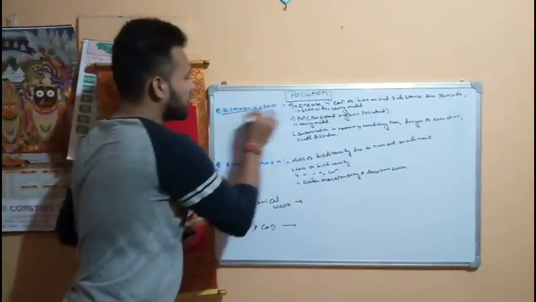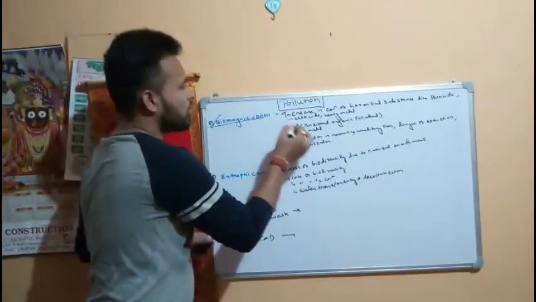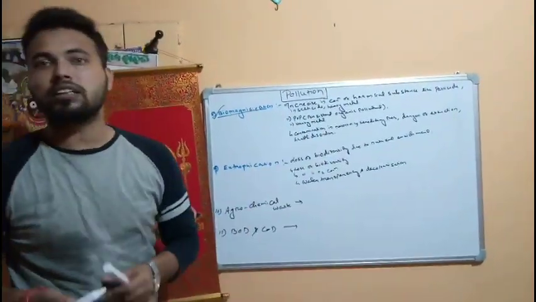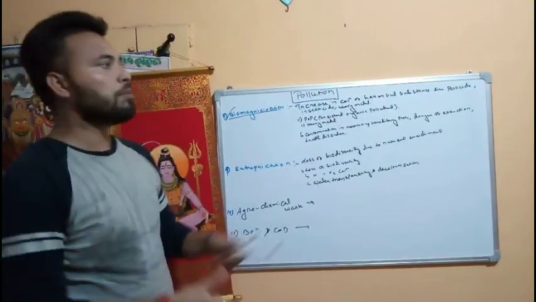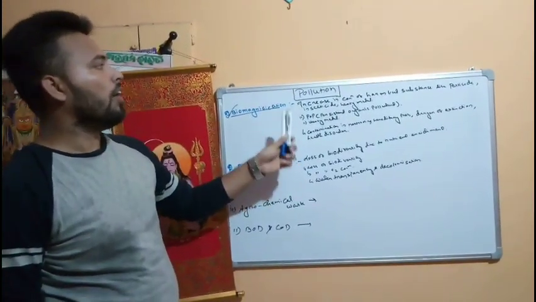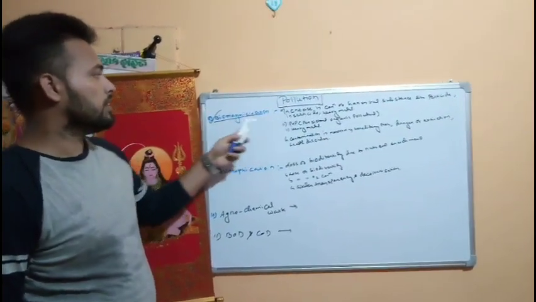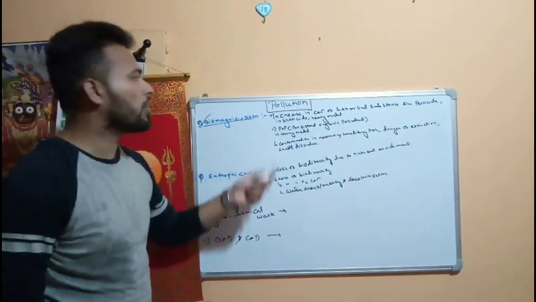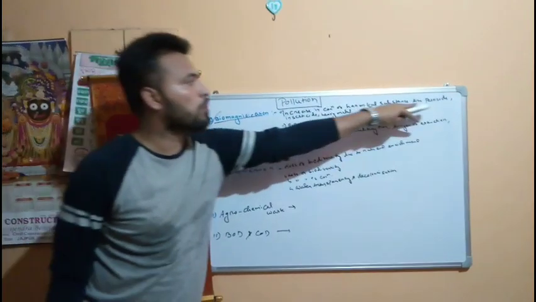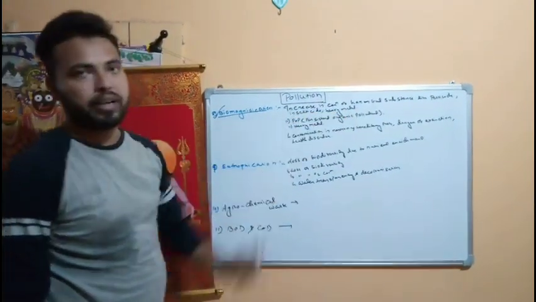What is biomagnification? The increase in the concentration of harmful substances. Any harmful substance which is added to the water, then biomagnification occurs, in the form of pesticide, insecticide, heavy metal.